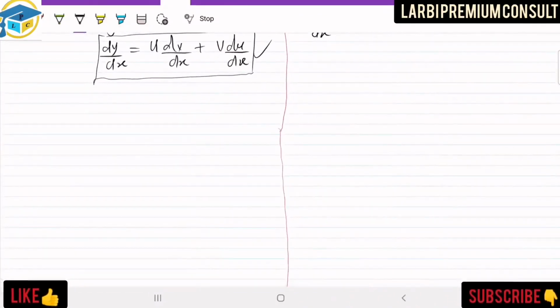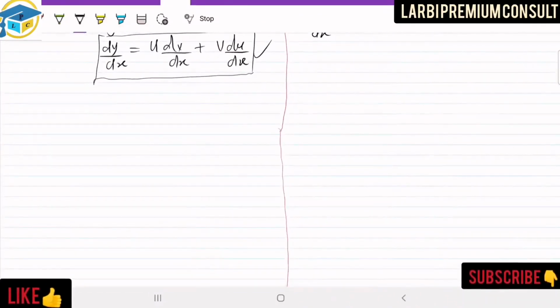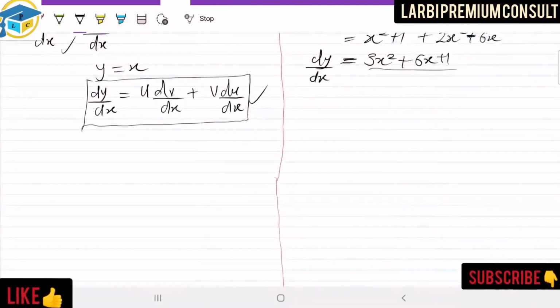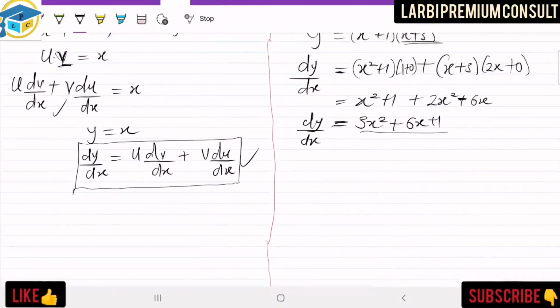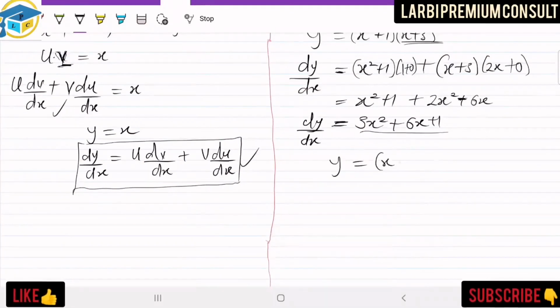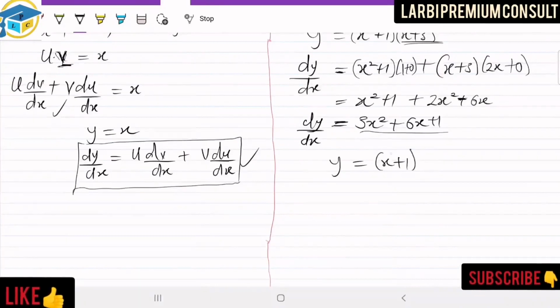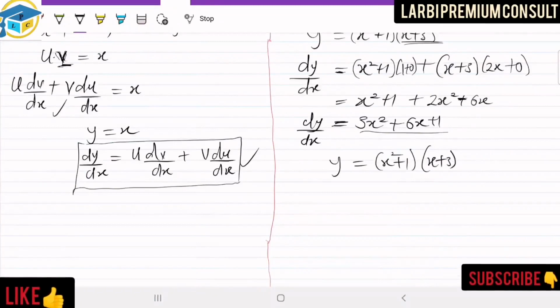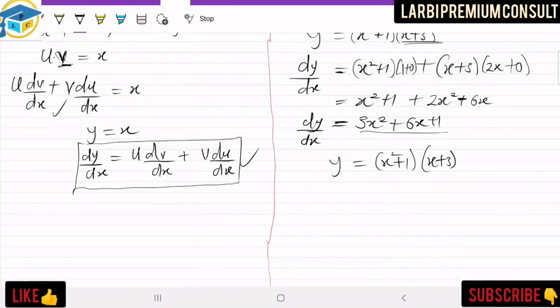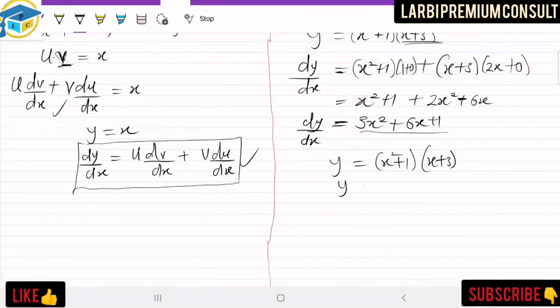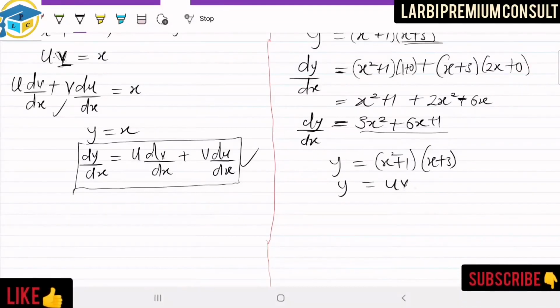The formula approach. So the formula approach is saying that all I need to do is to represent, let me have it down here. Let's say y is equal to x squared plus 1 times x plus 3. All I need to do is to represent y to be equal to u and v.